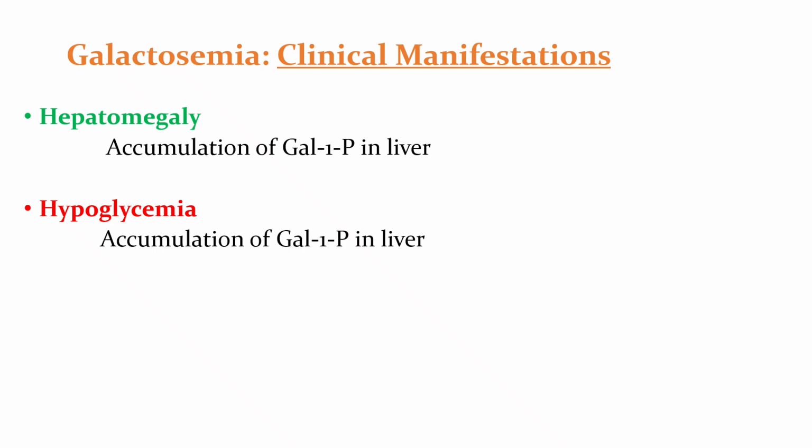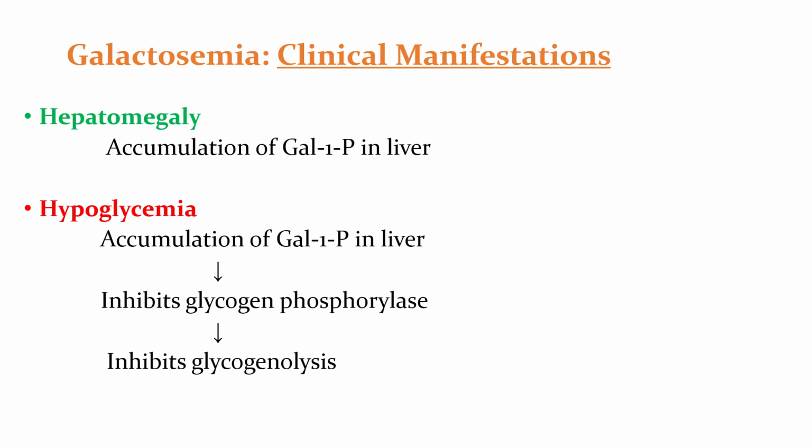Accumulation of galactose 1 phosphate in the liver inhibits glycogen phosphorylase, the enzyme for glycogenolysis. Thus it inhibits glycogenolysis. If glycogenolysis is inhibited, the stored glycogen cannot break down to form glucose. Thus there is reduced blood glucose leading to hypoglycemia.